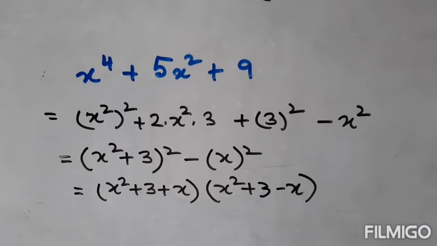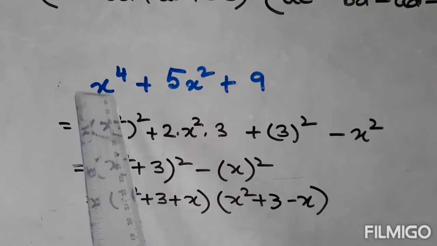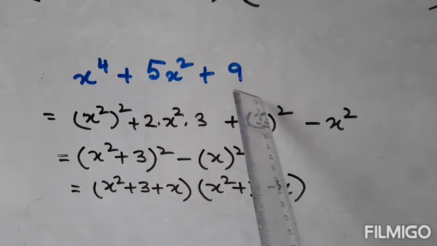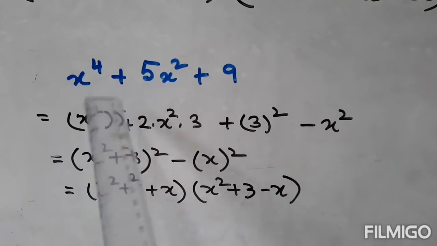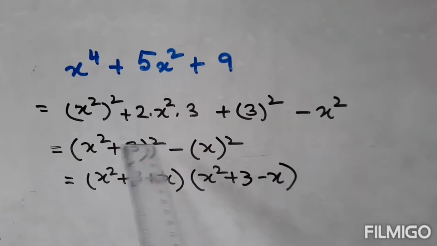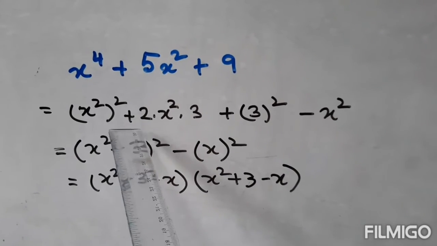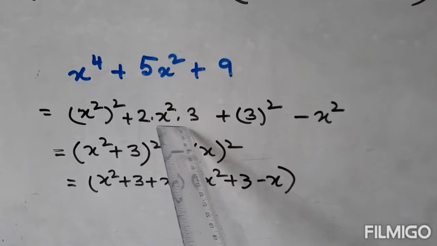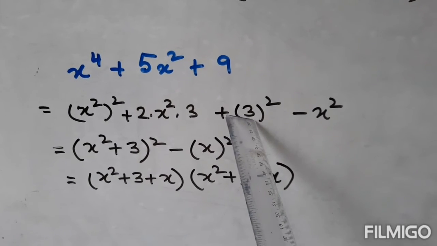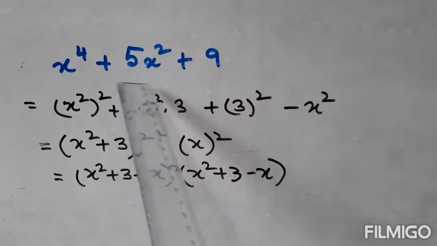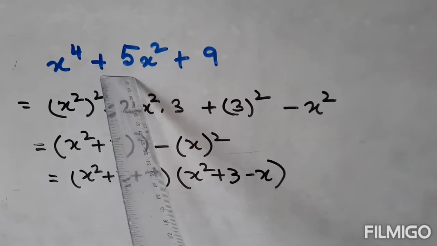In this sum, we see x to the power 4 plus 5x square plus 9. X to the power 4 is a whole square number. Again 9 is also a whole square. So x square whole square. Then we try with 2x square, and because 9 is 3 square we put 3. We get 6x square, but here we have 5x square.